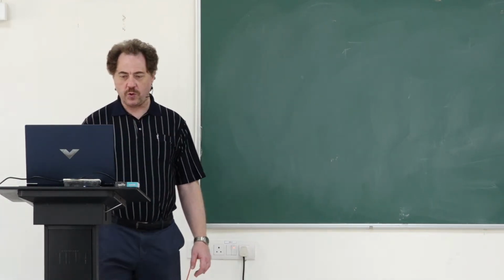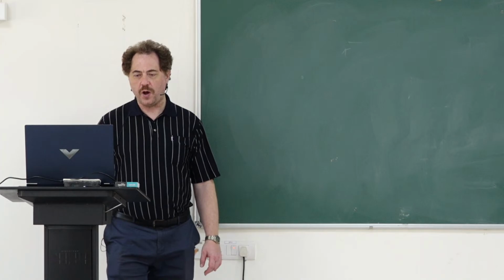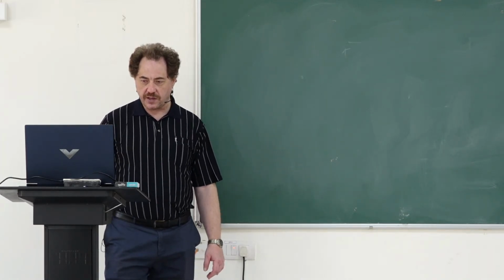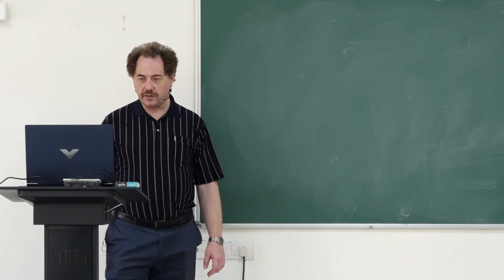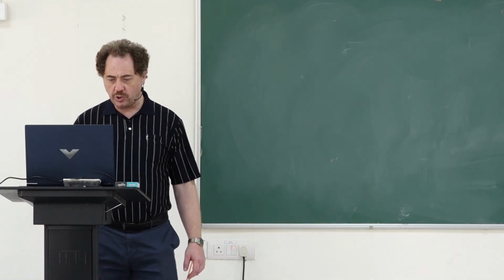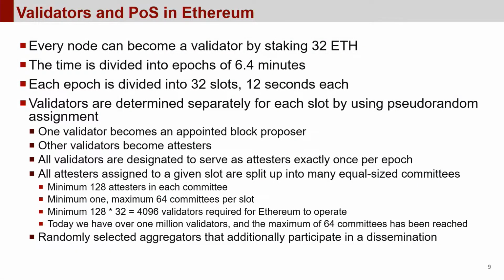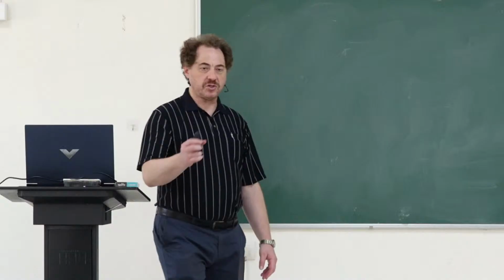So again, one could say, so why would anyone want to become a validator? The block proposer gets a reward similar to the reward in Bitcoin. The validators also get some smaller rewards.